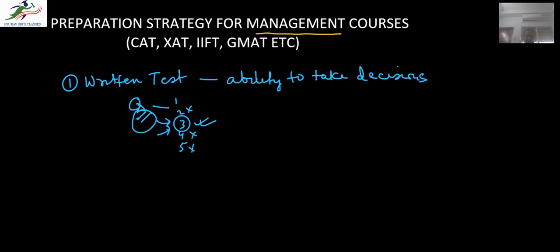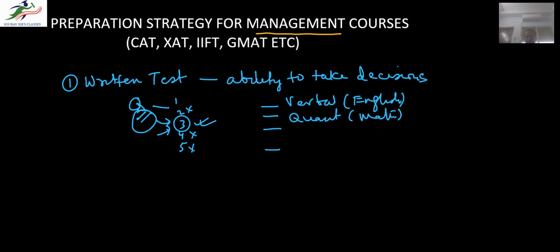So this is the format of the written test, and typically there are 3 or 4 sections. One tests you on your verbal or English ability. The next one tests you on your quantitative or mathematics skills. The third one tests you on your logical reasoning and data interpretation.